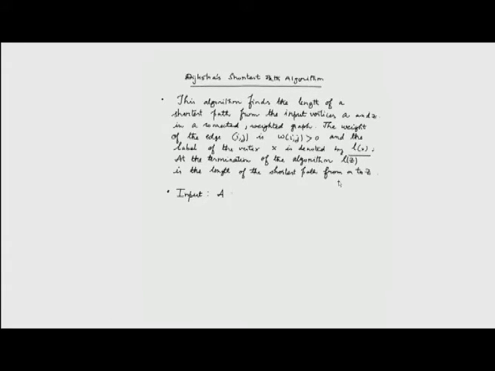Our input is a connected weighted graph in which all weights are positive, and vertices A and Z. So, we have got two inputs, so to say.